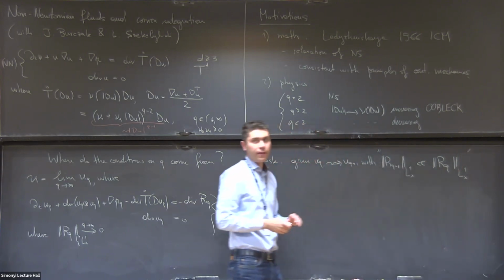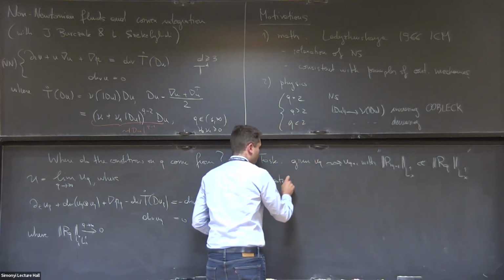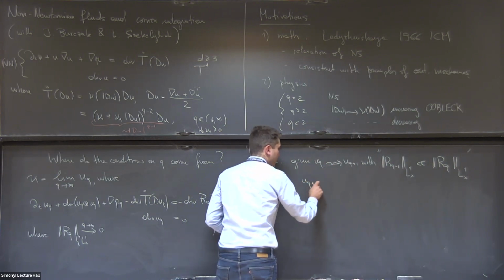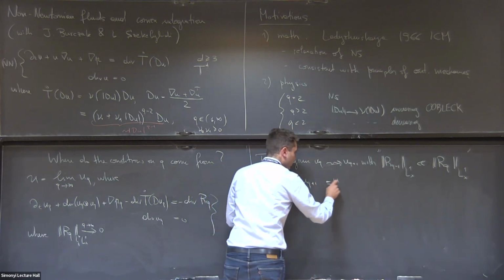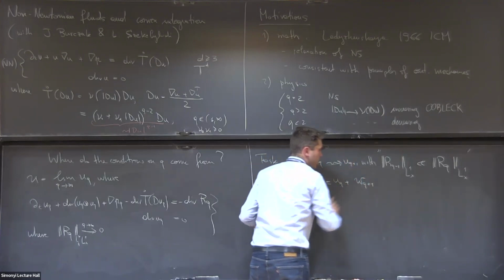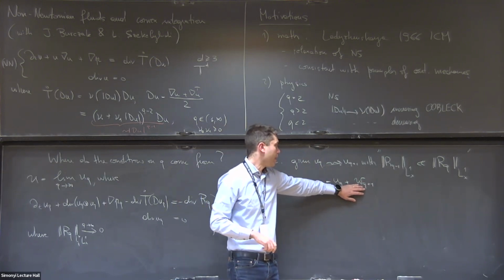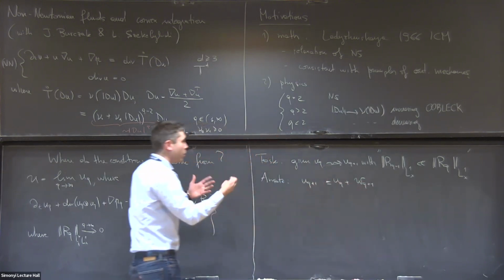Now, how do you do that? Well, you do the following ansatz. You say, I define U_{q+1} as U_q plus a perturbation, let's call it W_{q+1}. And the aim of this perturbation is exactly to reduce the error, to cancel the error.